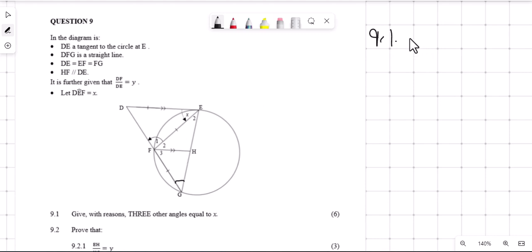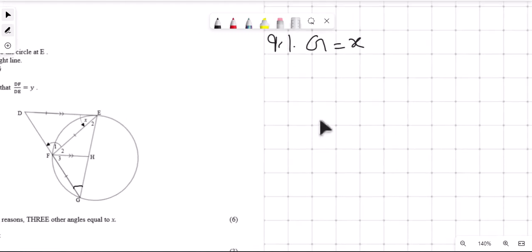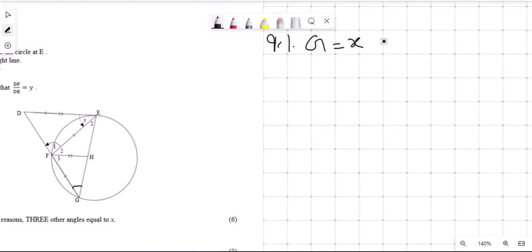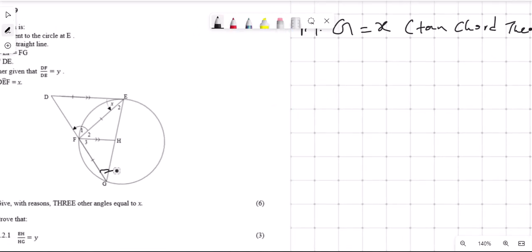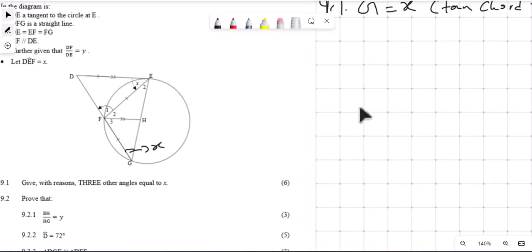Tan chord theorem. Angle G is equal to x, then we say tan chord theorem. So G is equal to x. Please indicate before we move. Yes.